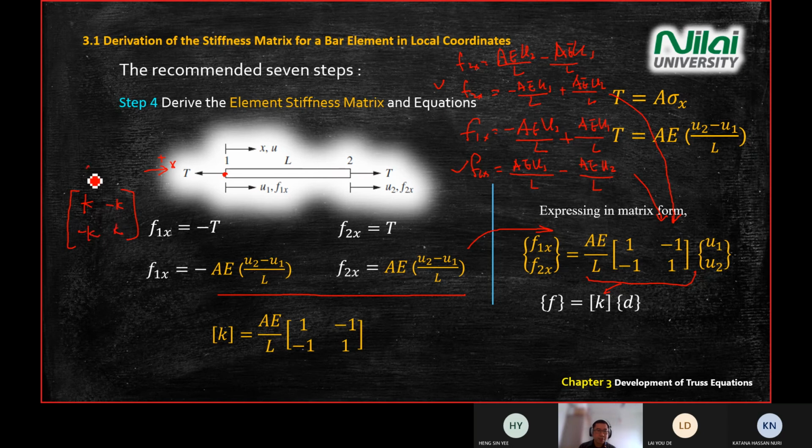However, when you come to chapter 3, because you are looking at a bar, because it behaves like we are using the elasticity law, we are using stress and strain combined with the elasticity parameter, our K becomes this form, AE divided by L, and we have a symmetric matrix here: 1, negative 1, negative 1, and 1. Okay, so this is step number 4.